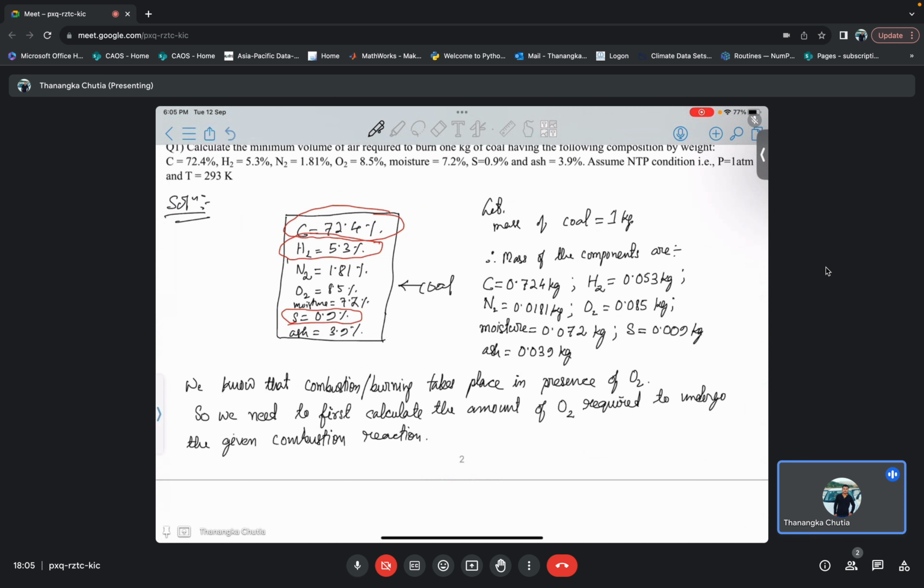So our first motive will be to calculate the amount of oxygen that is required for the combustion.